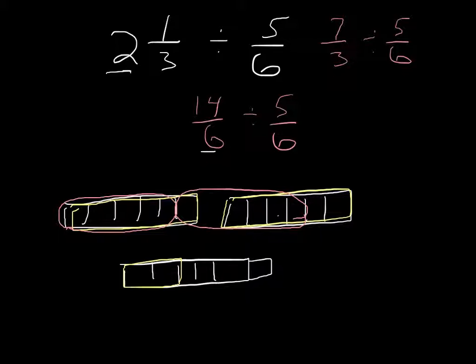So our answer is 2 wholes. Right? There's 1 whole there, and 1 whole there for the 2 wholes. And then 1, 2, 3, 4, 4 out of the group of 5 that I'm looking for. Okay?